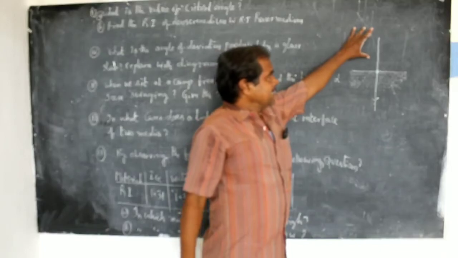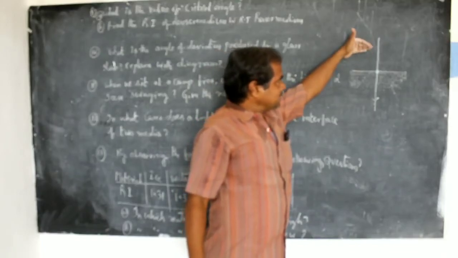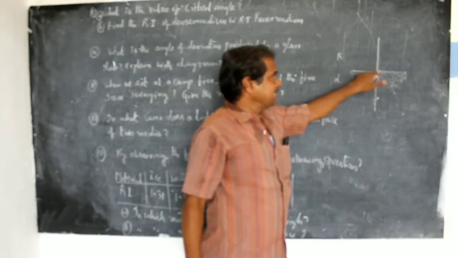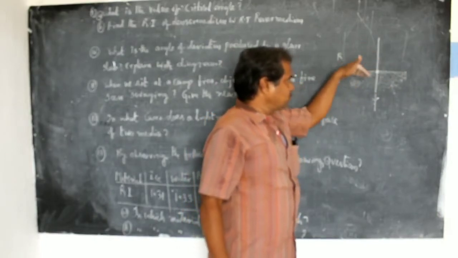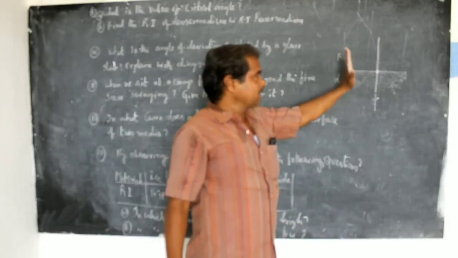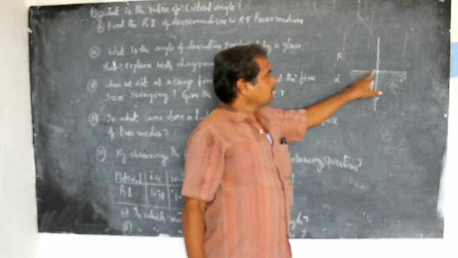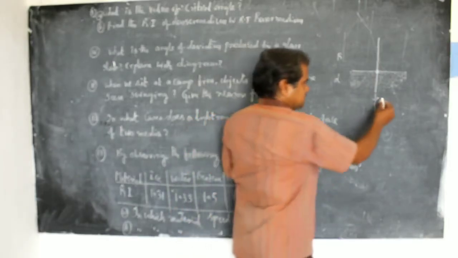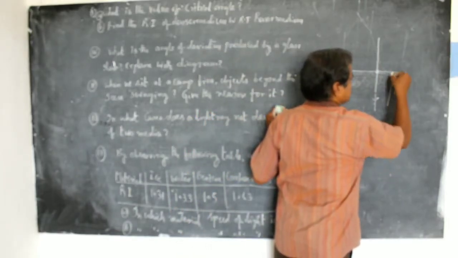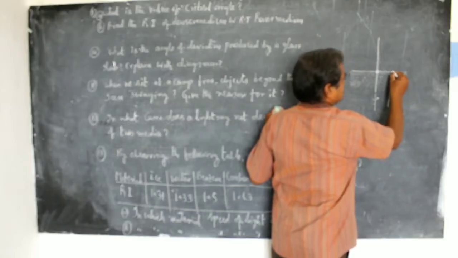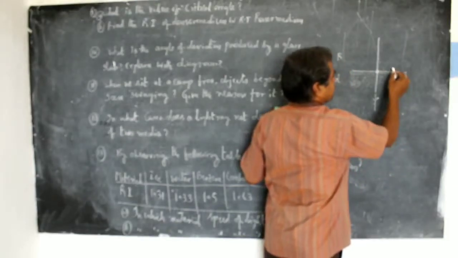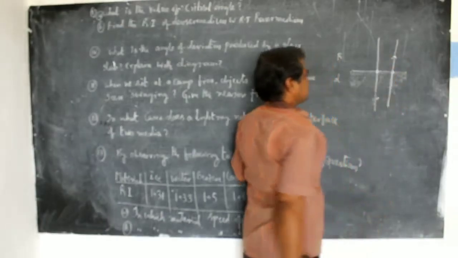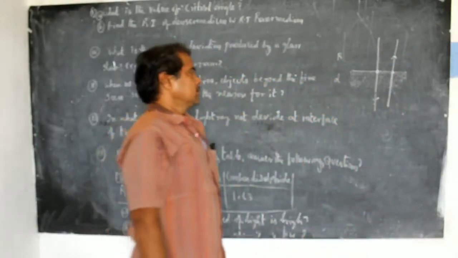So, any light ray which moves from one transparent medium to another and is incident at any one point of the interface of both media vertically or perpendicularly, the corresponding refracted ray doesn't deviate its direction. For example, this light ray moves from denser to rarer, incident at one point on the interface vertically, and the refracted ray doesn't deviate. This is one case.